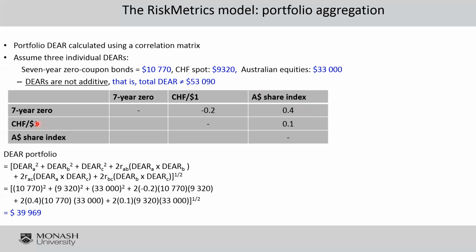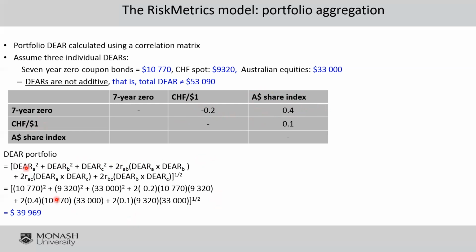And then we also have a correlation between the exchange rate and the index, which is the equities. I take all of those and put them in the formula, and the formula will be given to you.